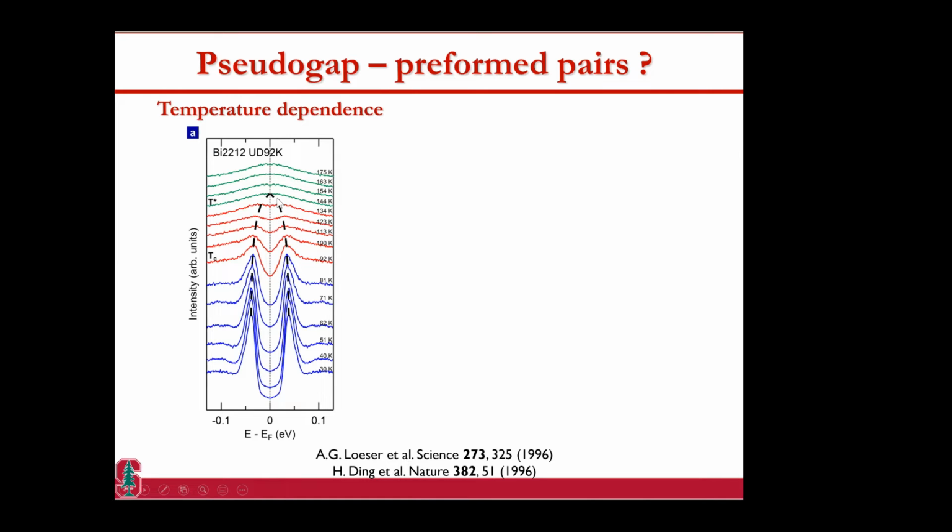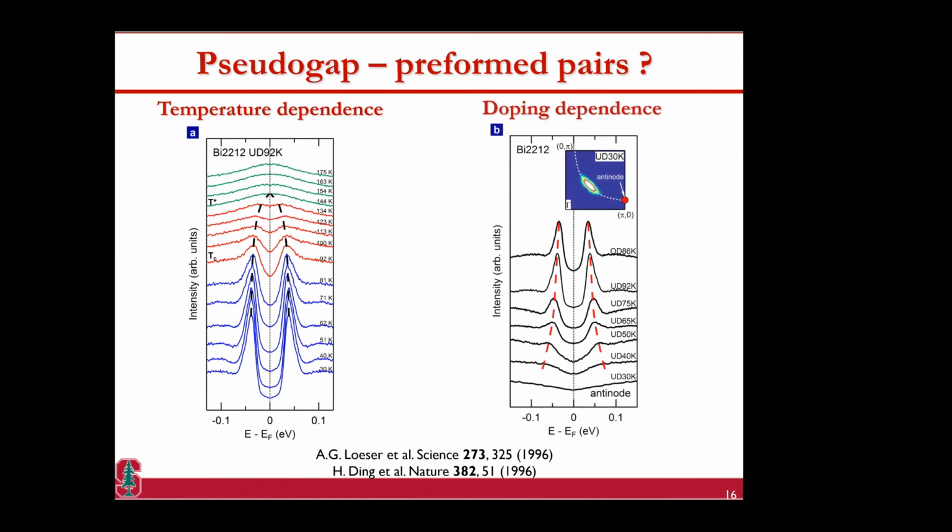There's another aspect of the pseudogap. If you look at the spectra taken at the antinode, that's the superconducting gap measured at the lowest temperature, and the gap is a measure of the superconducting pairing strength.